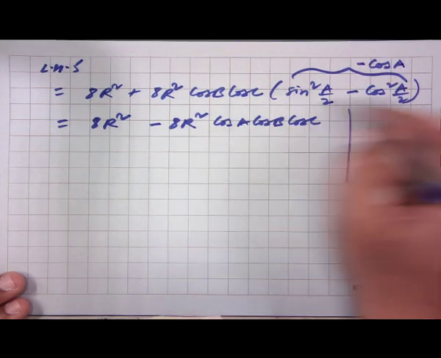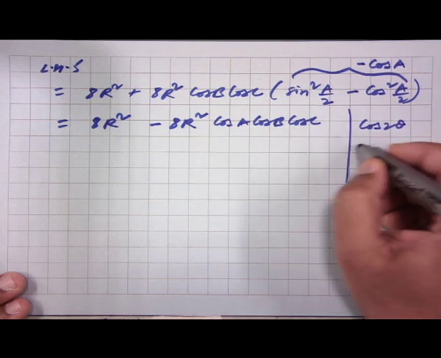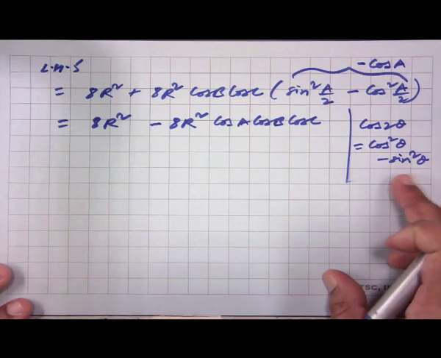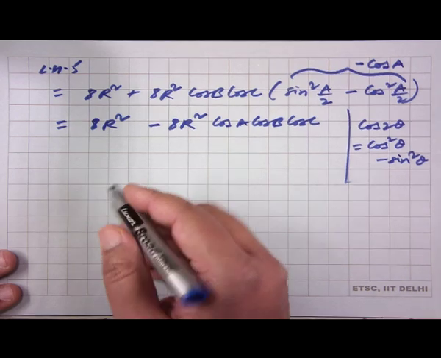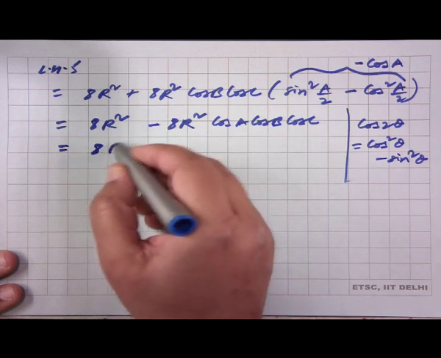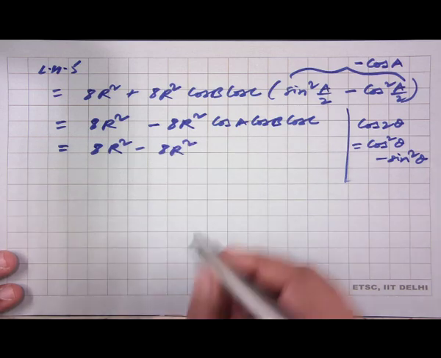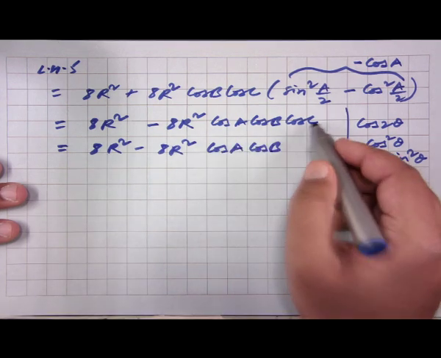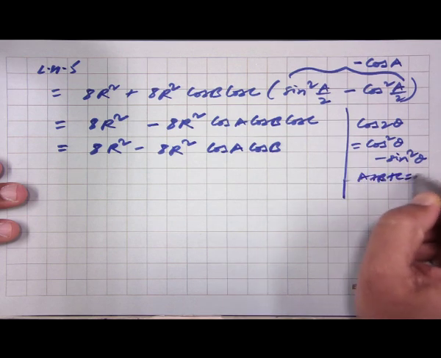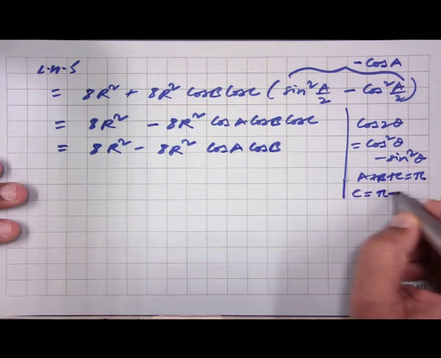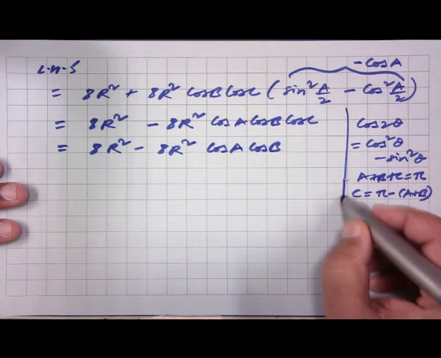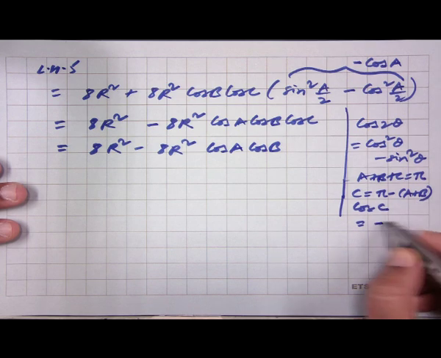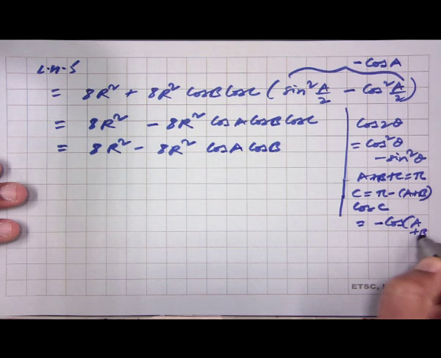Here we have used the formula that cos 2 theta is cos square theta minus sin square theta, with theta equal to a by 2. And this can be further written as 8r square into, so cos c, because a plus b plus c is pi, c is equal to pi minus a plus b, and therefore cos of c is cos of pi minus a plus b, which is minus cos a plus b.